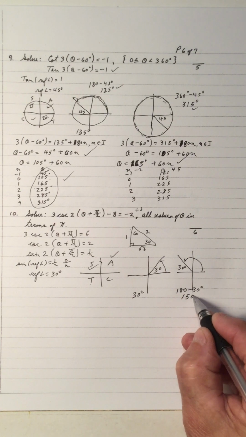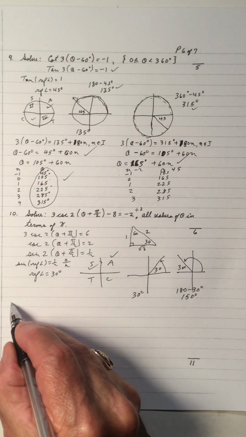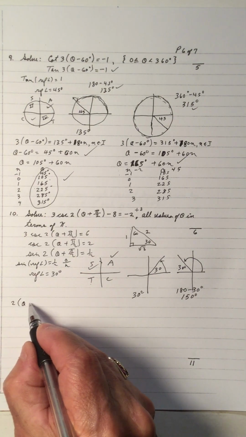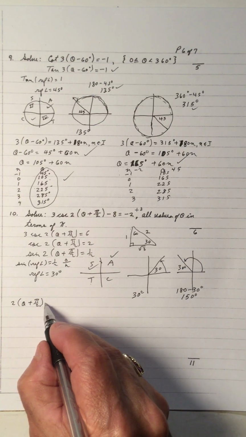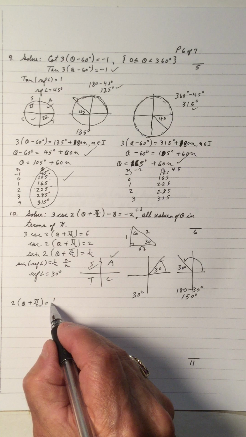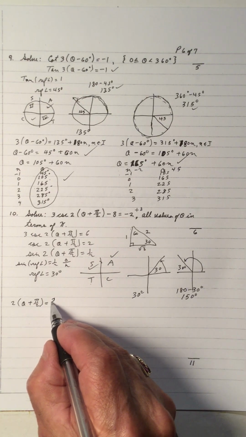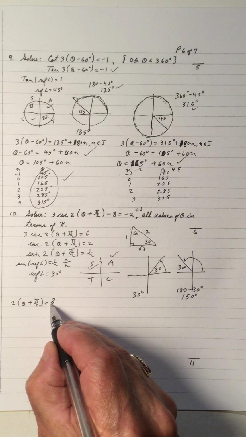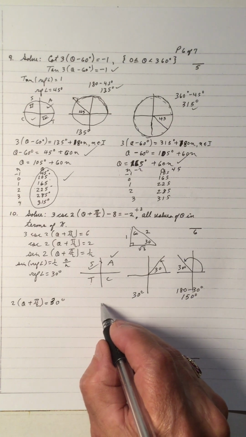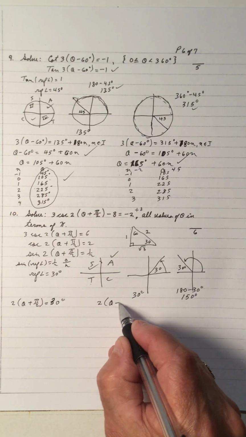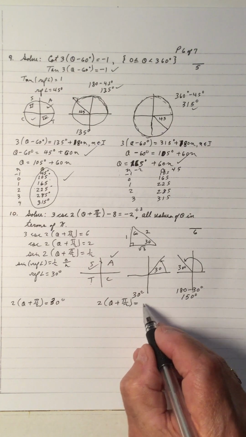it's 150. So that means 2 theta plus pi over 2 equals 30 degrees, and 2 theta plus pi over 2 is also equal to 150.